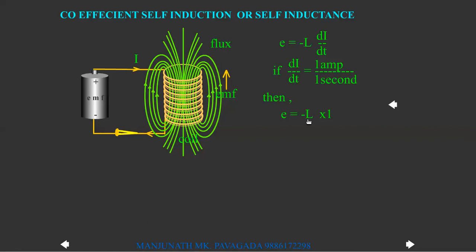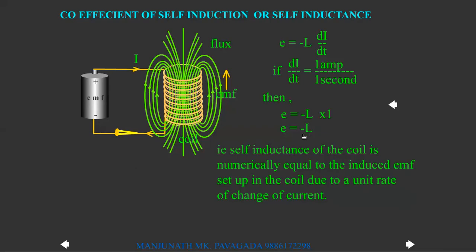Therefore we can define L like this: self-inductance of the coil is numerically equal to the induced EMF set up in the coil due to a unit rate of change of current in it.